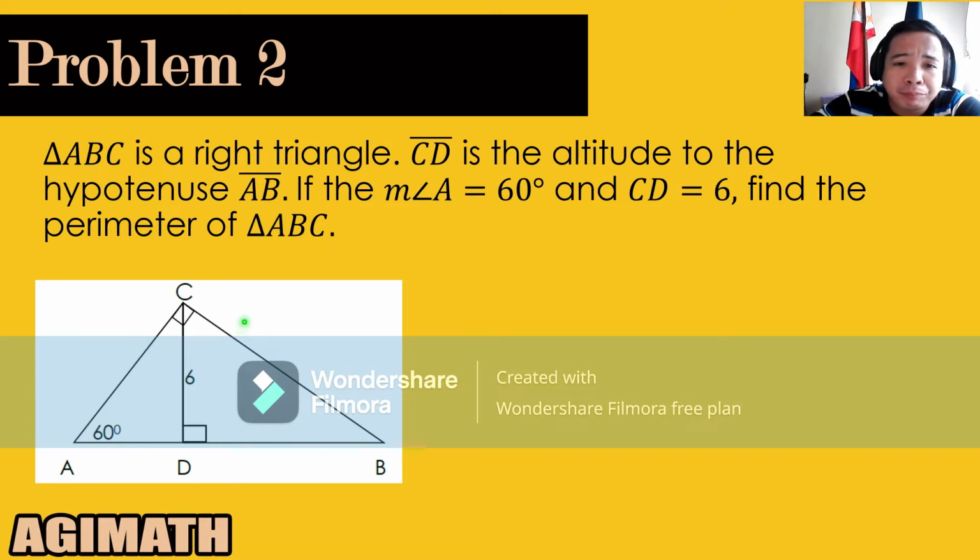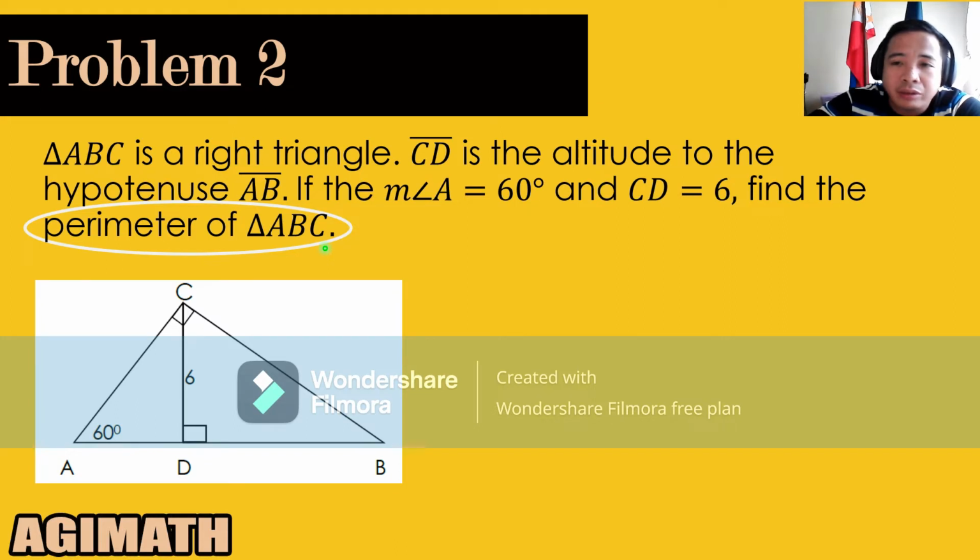Now, the measure of angle A is equal to 60 degrees and CD is equal to 6. So we are just going to verify if the figure is correct. Now, what is asked in the problem is to find the perimeter of triangle ABC.